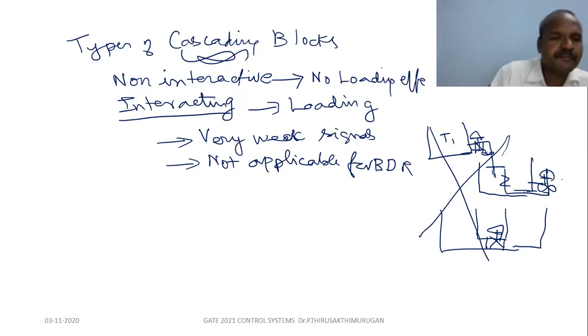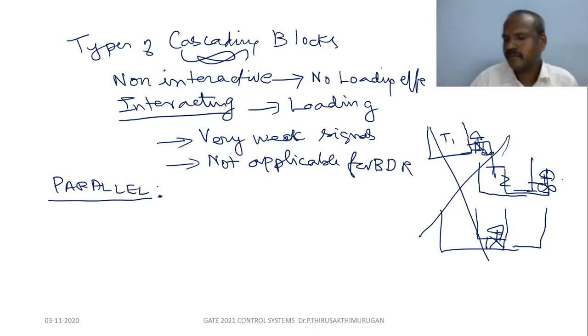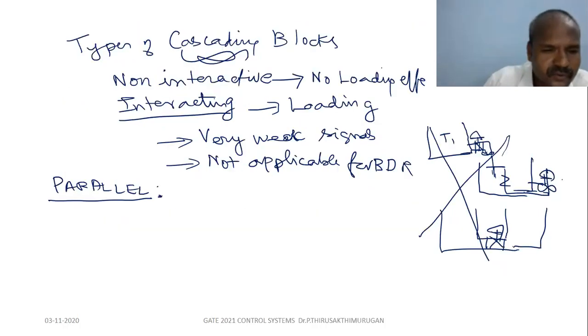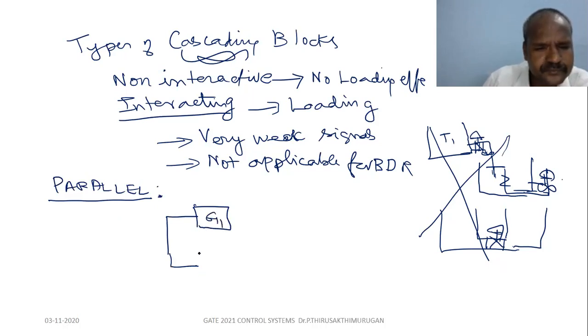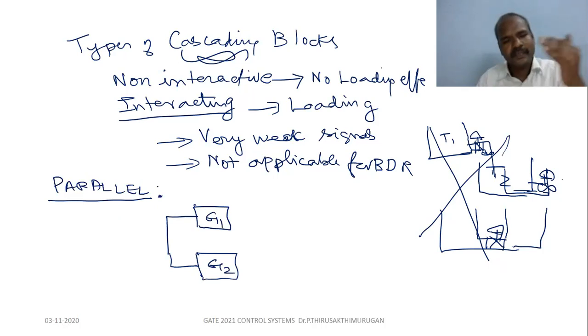Next is parallel, called parallel or feed forward. Say there are two transfer functions, G1 and G2, both connected in parallel. Parallel means same direction, and any number of systems can be connected in parallel.